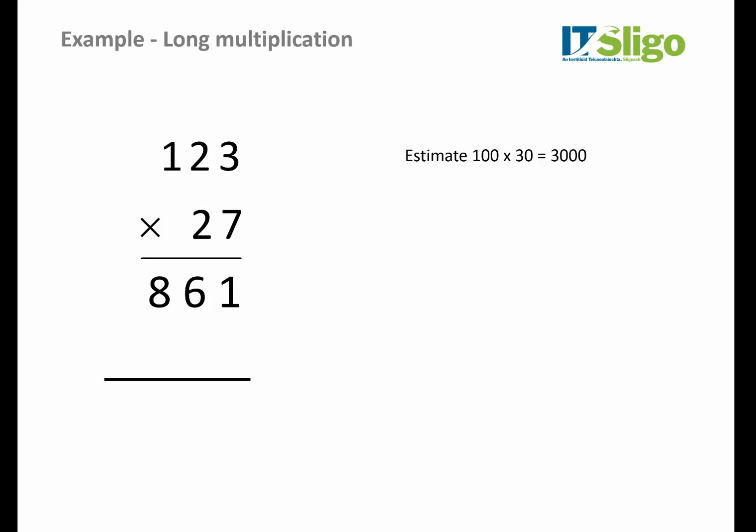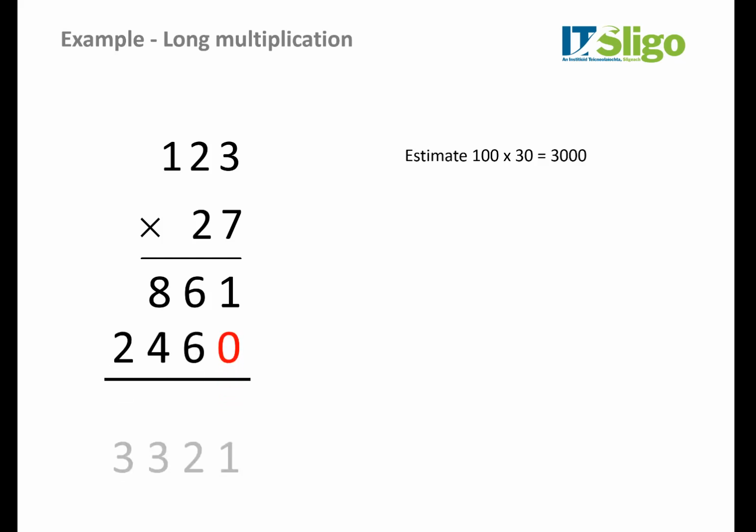So now, we'll have my 0 there. 2 by 3 is 6, 2 by 2 is 4, and 2 by 1 is 2. We add these values, carry the 1, 12, 13, carry the 1, and that's my answer there.